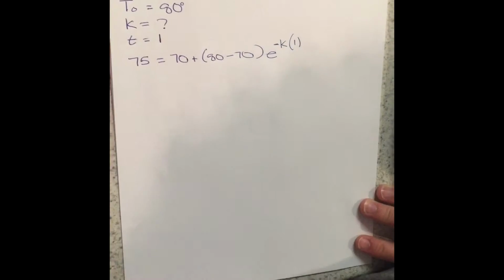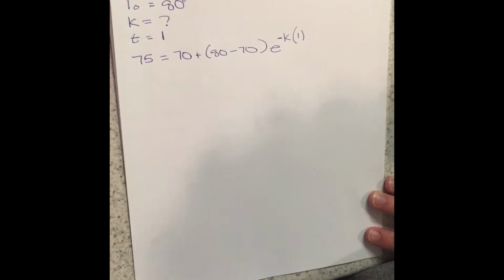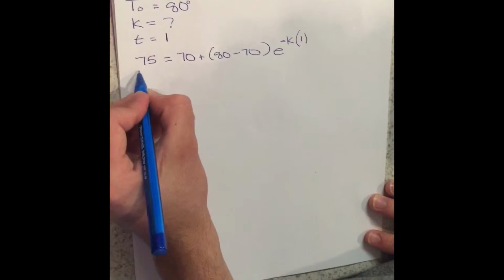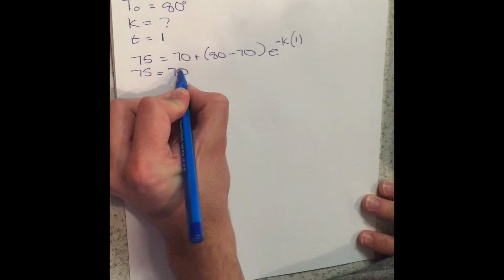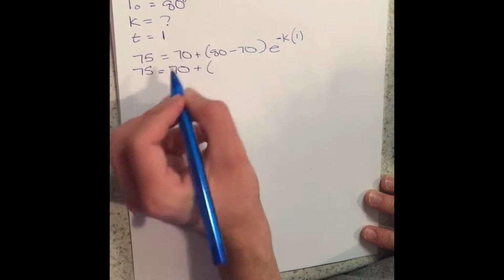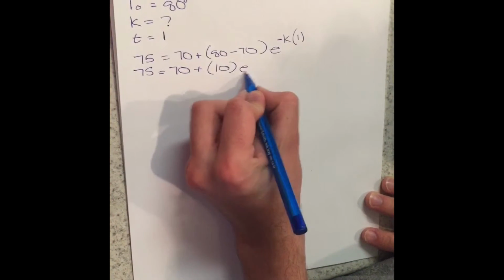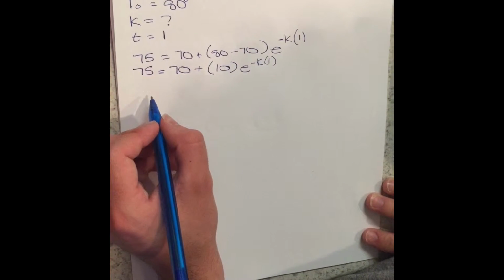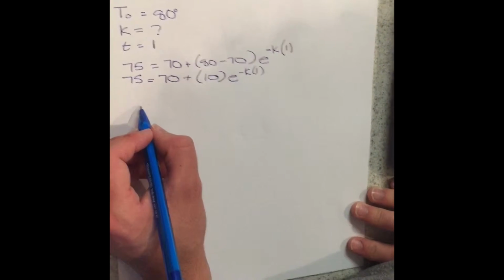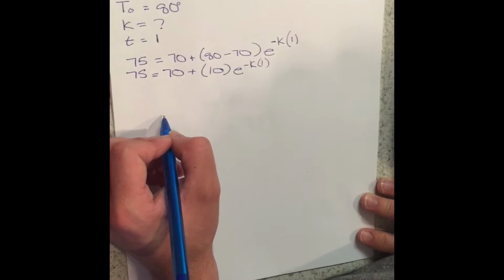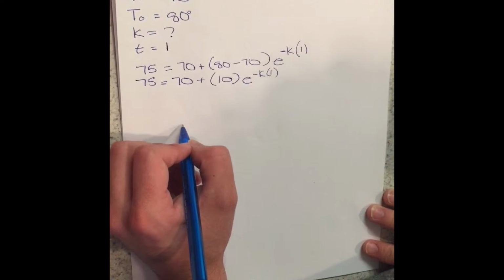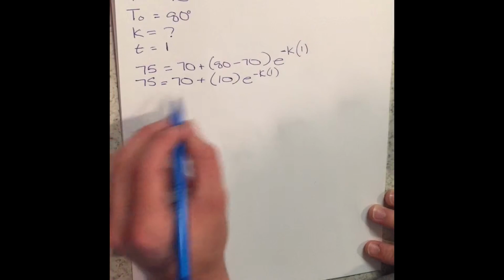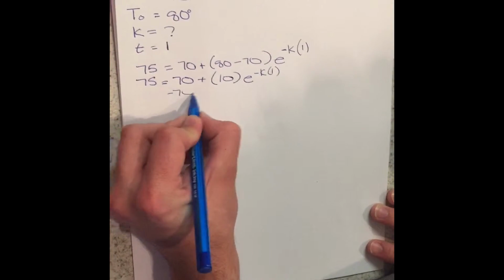The first thing you want to do is parentheses, so bring everything down. 80 minus 70 is 10. Bring these down, then your next step, you want to divide. No, scratch that, sorry. You want to subtract the 70.